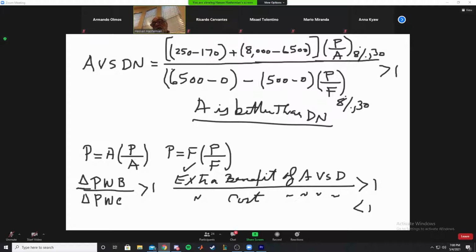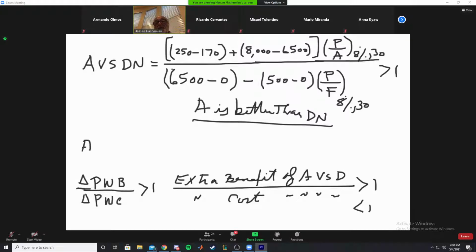All right, now what you do, let's say A was better. Now we have to say A versus the next one, B. Now we want to know which one is better, A or B. So you do the same thing. You get the difference between the maintenance cost, which is 170 minus 100.